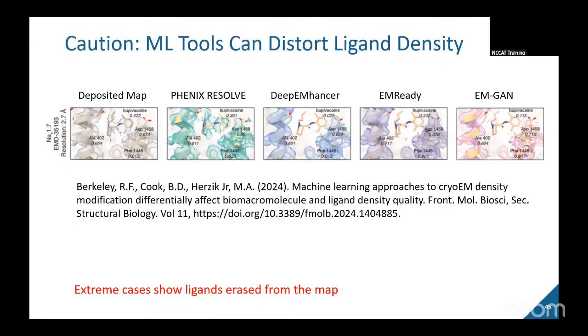This is something to be aware of because these tools are very common right now, and we see lots of depositions. I have seen this in practice, maps that completely deleted the ligands. Everyone was generating maps using these sorts of methods because they looked better. But I think it's best to have as many maps as you can.